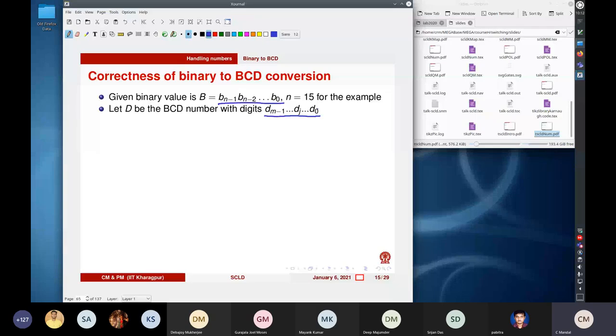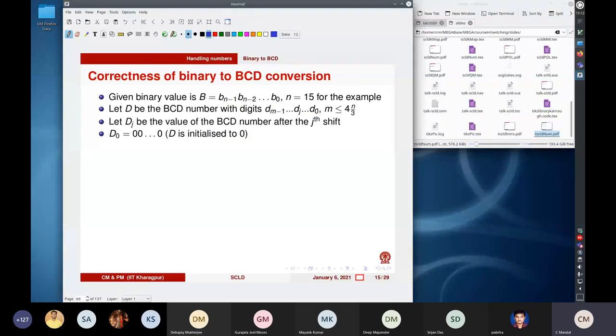All right. As you can see, this algorithm involves shifting a bit in at every step. So the value of Dj can be the BCD number after the jth shift. D0 is the initial number, which is all zero.